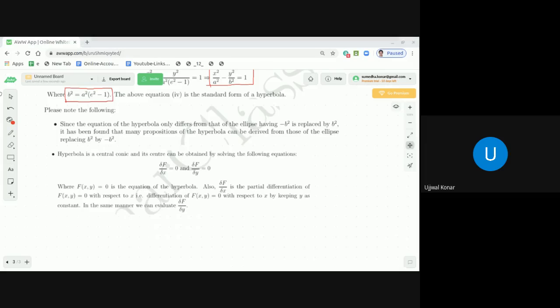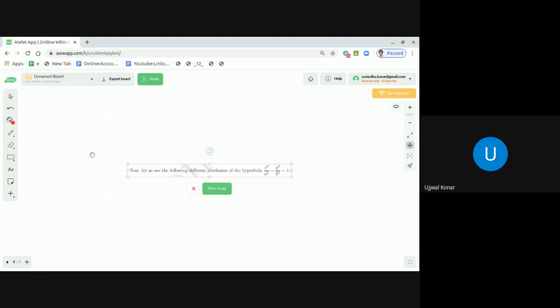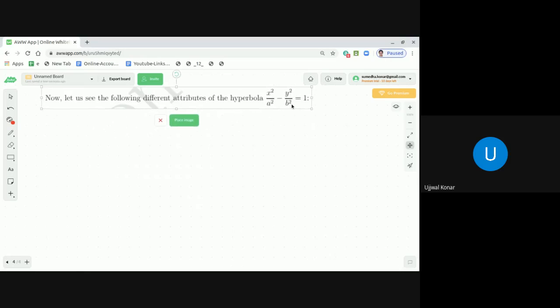Now, dear students, we need to find the different attributes of the hyperbola. Attributes are there, but we need to know the names of those attributes, and that is the point of discussion in the next slide. What are those different attributes that we are going to discuss now?